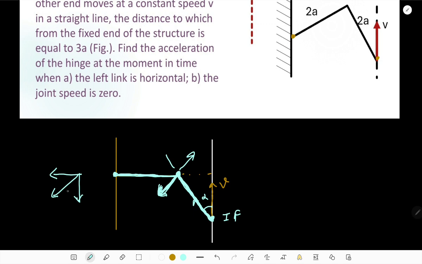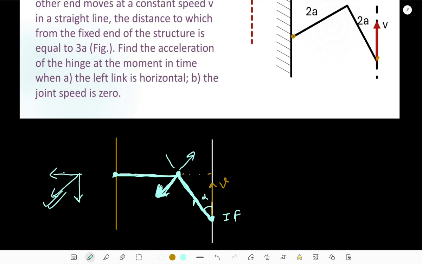So the resultant of both these accelerations is going to be this. So I guessed that with respect to our observer, its acceleration is in this direction, and it will be the same with respect to an observer at rest in any inertial frame.